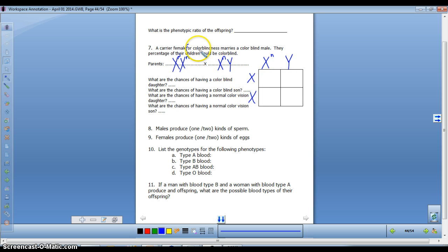Female's a carrier, right? Yeah, which means she's heterozygous. Color blindness is sex linked. She's a carrier. Oh, my mistake.